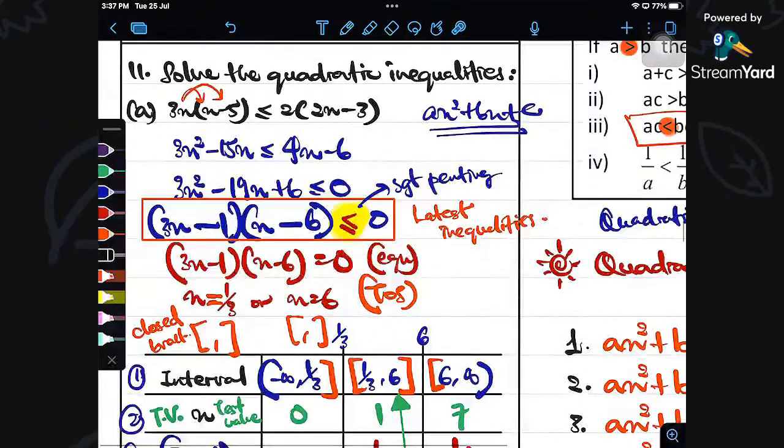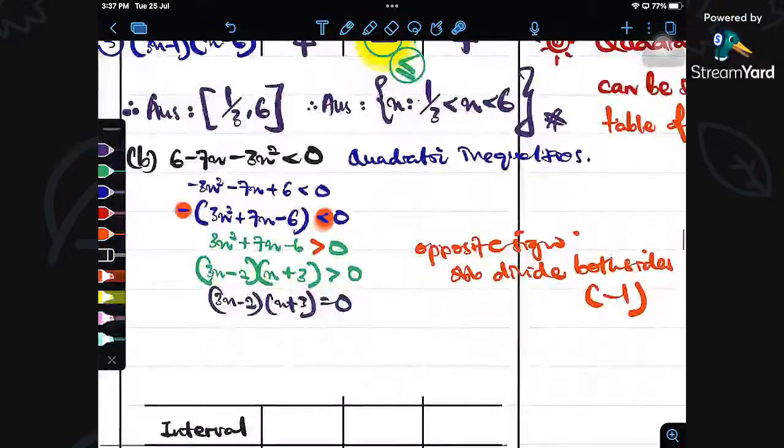Tak apalah. Untuk apa? Untuk dapatkan nilai ni. Untuk mendapatkan nilai X. Jadi nak tak nak terpaksa ganti sekejap sahaja. Make it an equation for a moment only. Just temporary to get the value of X is equals to 2 over 3 or X is equals to negative 3.